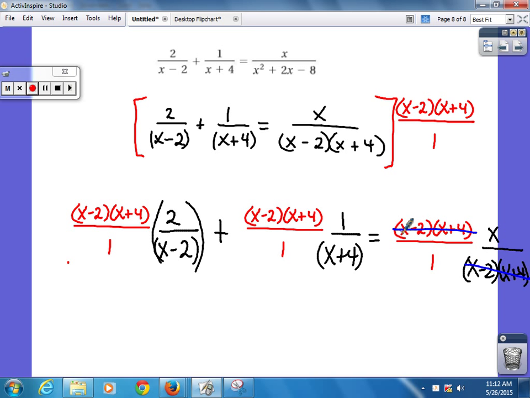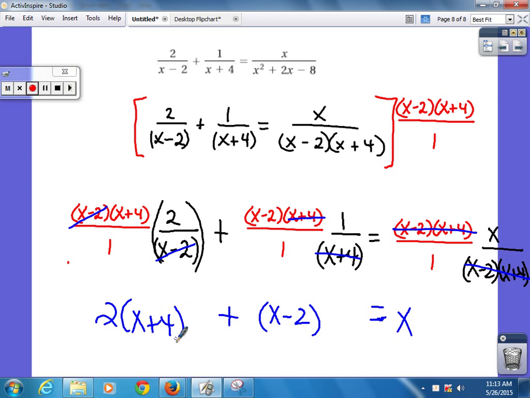And that leaves us with what over here? And what happens here? See, sometimes you'll have something in front of the denominator instead of a 1. And it does make a difference.